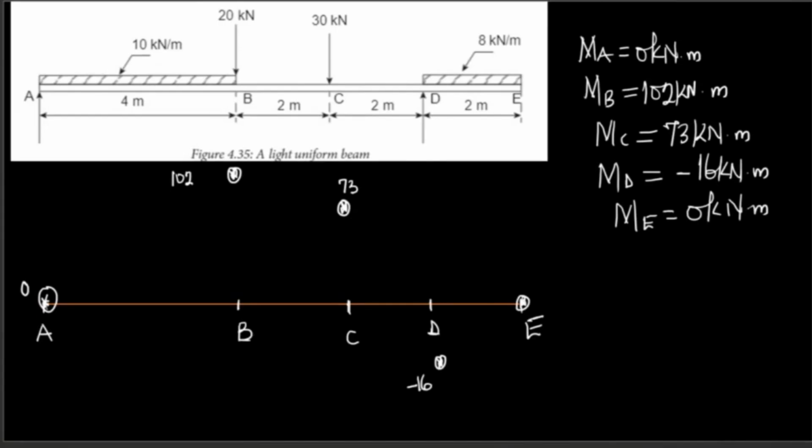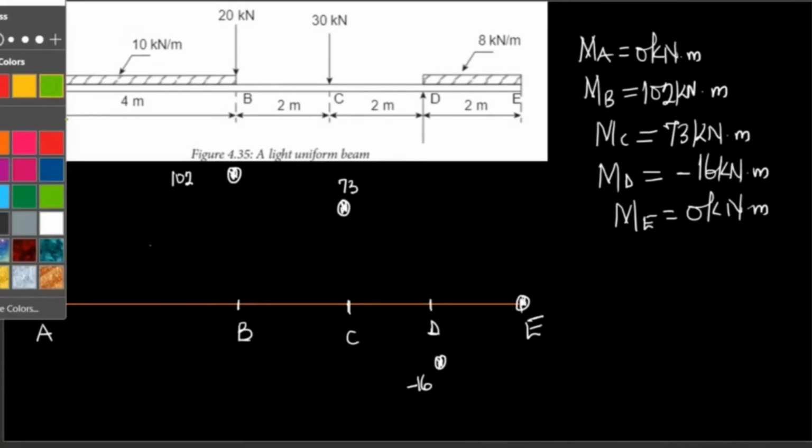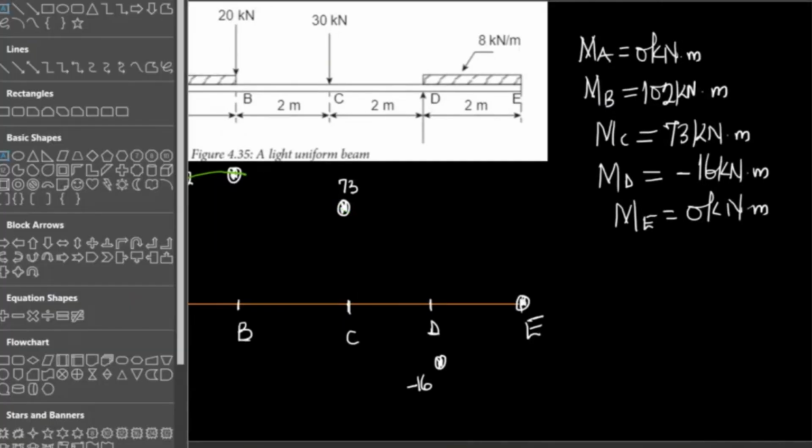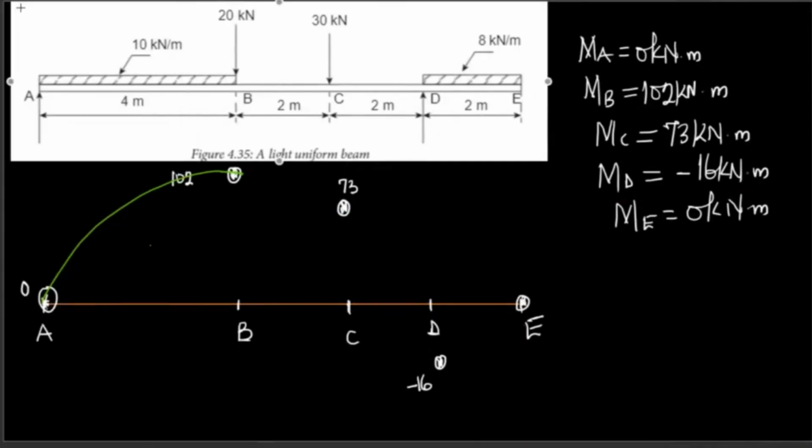The uniformly distributed load between A and B is going to be a curve, right? The rest are going to be straight lines. This is how it's going to look. It's going to be a straight line from here to here.